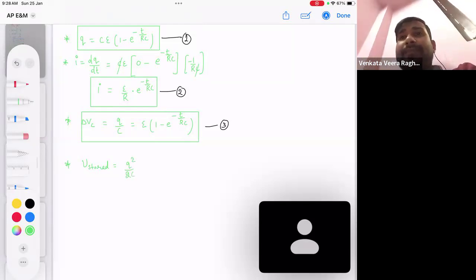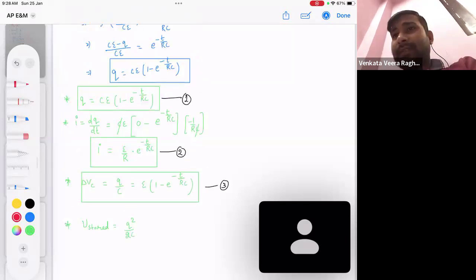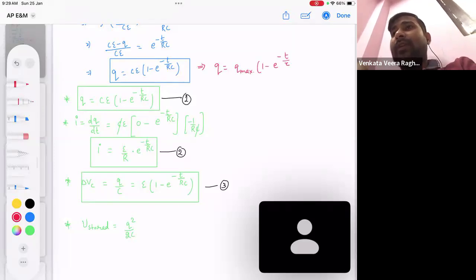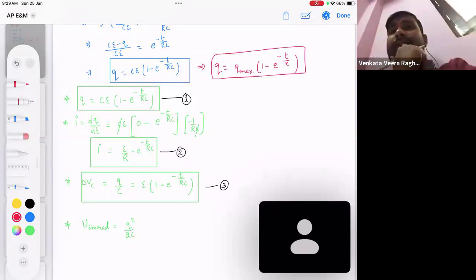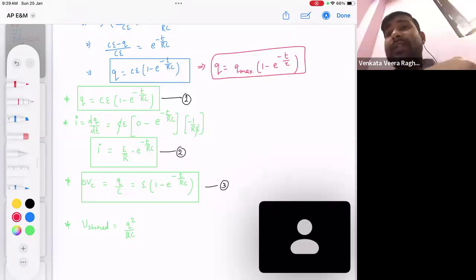Understood? Sometimes you will see this expression given in a different format. Sometimes it will be written like this: q equal to q max into 1 minus e to the power minus t by tau. What does it mean? That CE is the maximum charge on the capacitor.